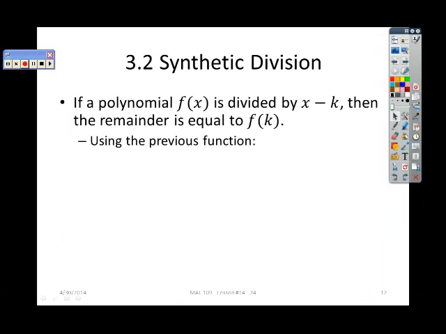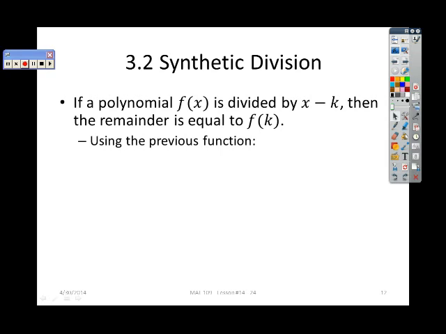Okay, the way we're going to use this synthetic division. If we take a polynomial and divide it by a binomial of the form x minus k, what we get is the same thing we would get if we plugged k into the function. So we got f of x.